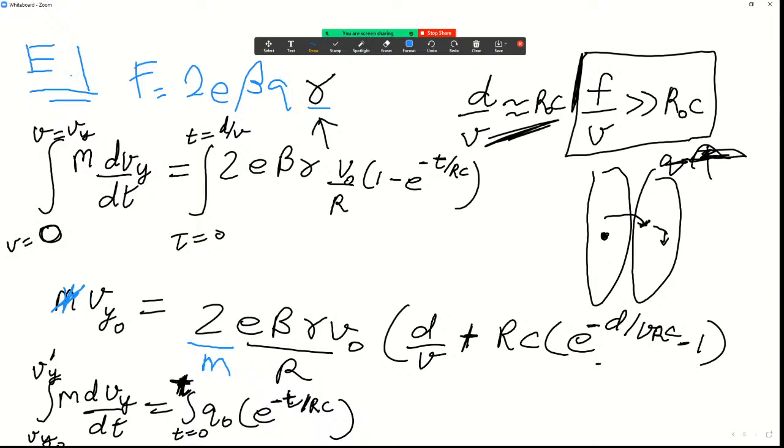and here the t would be f by v. So if we integrate this, we will still get one term, so we have to integrate.